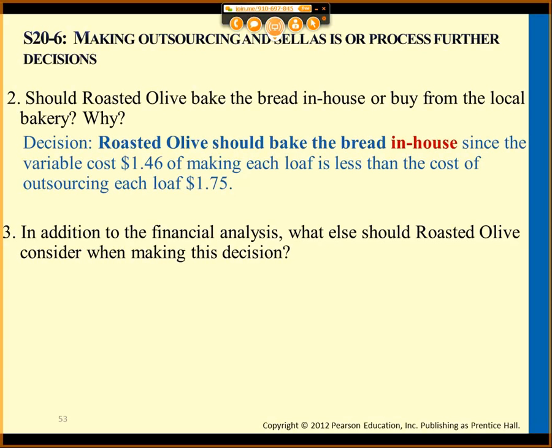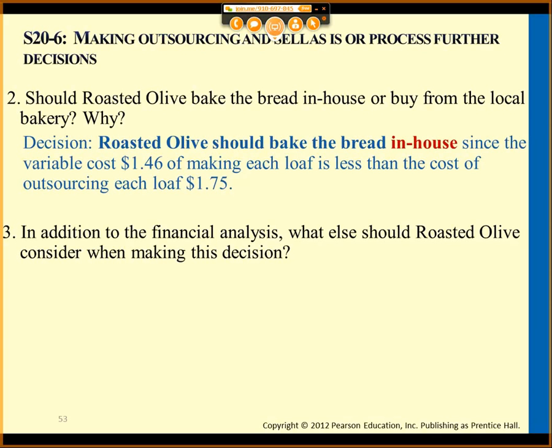So third question, in addition to the financial analysis, what else should roasted olive consider when making this decision? What else do you think? If you're making a decision, you have to think about the value of bread and resources. If the value of bread increases, the price is going to be lower and lower.